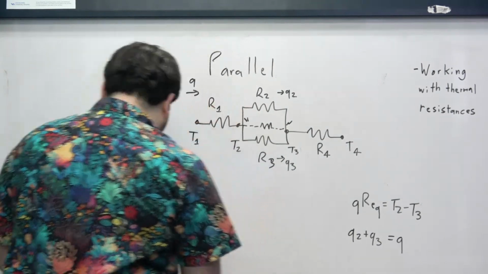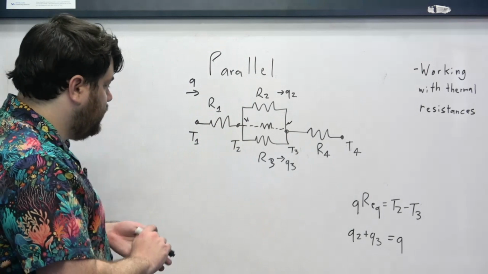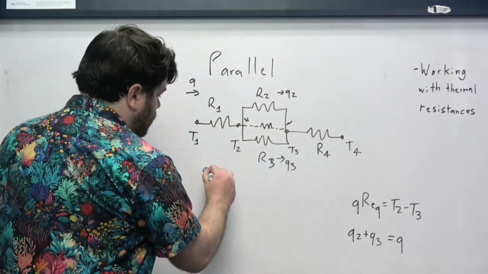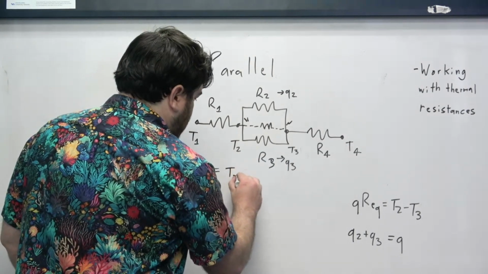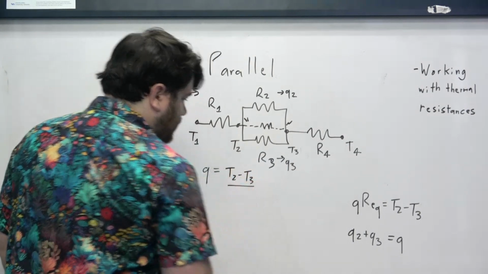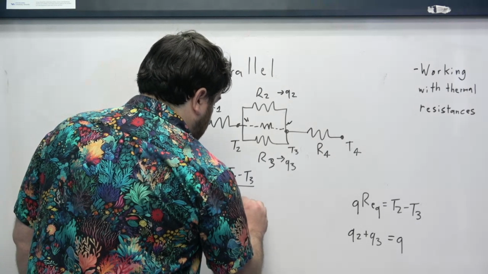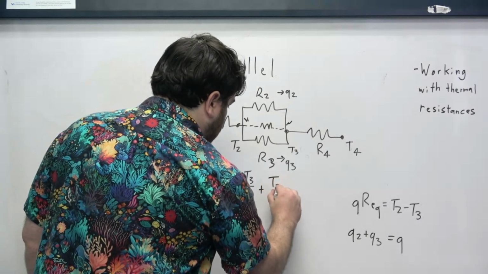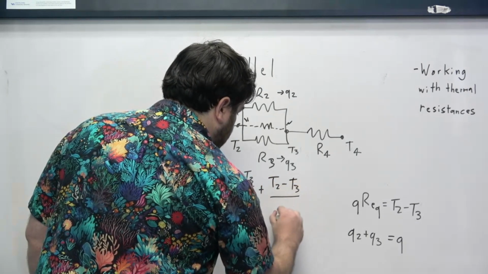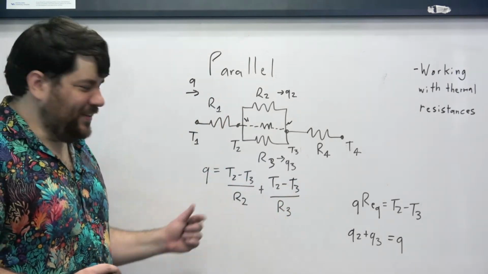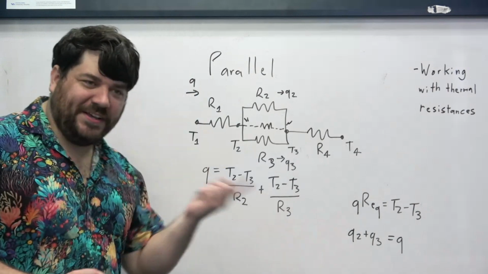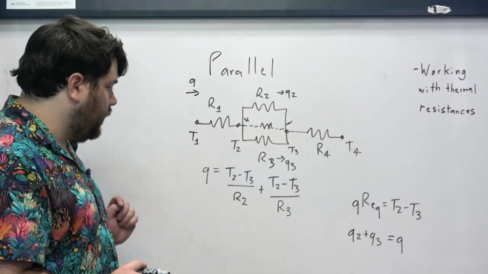So what do we get? Well, we wind up finding that Q is just equal to Q2, which is T2 minus T3, divided by R2 plus T2 minus T3 divided by R3, right? So that's plugging in the two expressions that I had before.